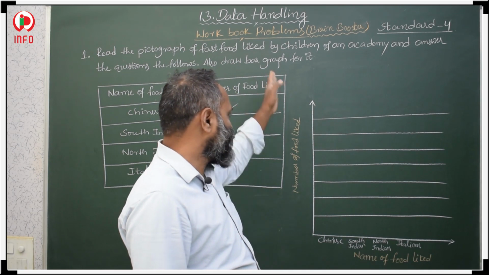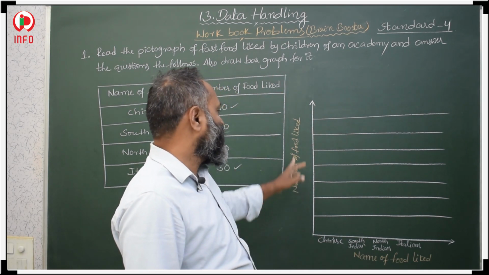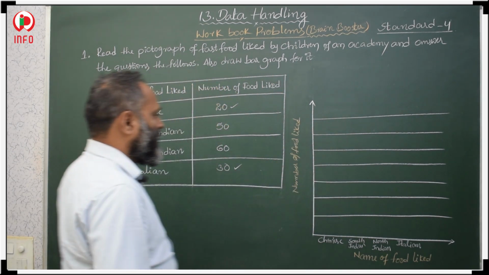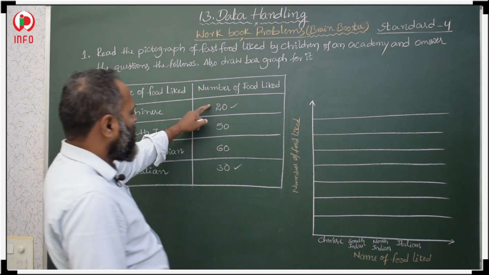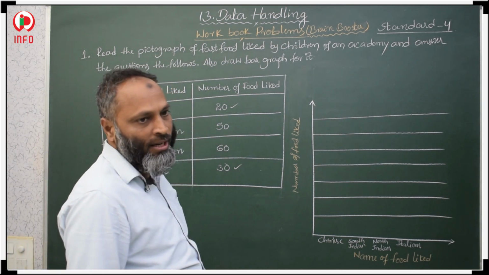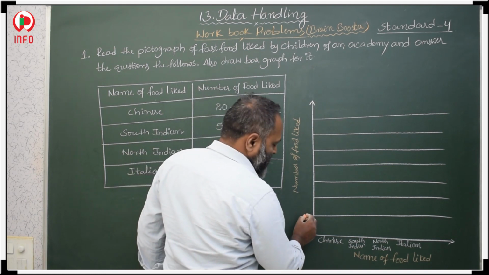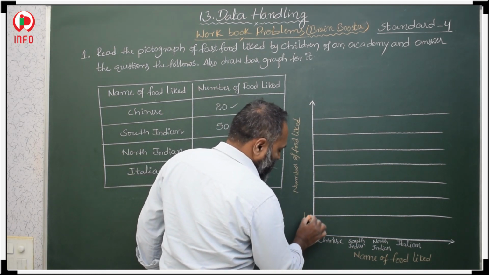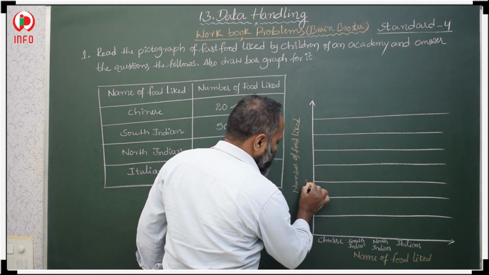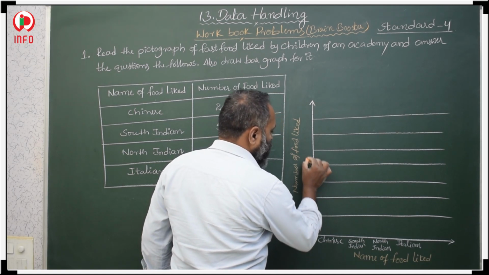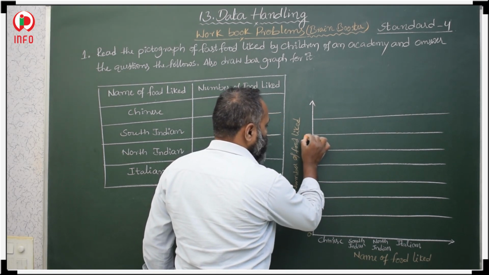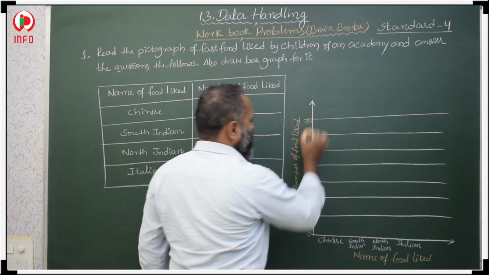Then on the y axis, the vertical axis, number of food liked. Here 20, 50, 60, 30 are all multiples of 10, so take a gap of 10: 0, 10, 20, 30, 40, 50, 60, 70, like this.